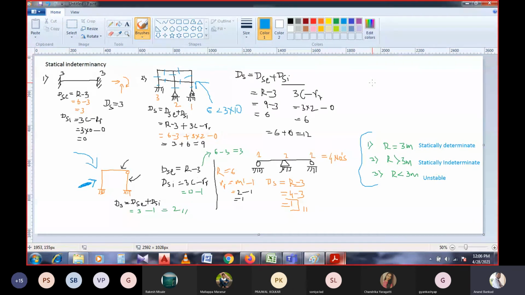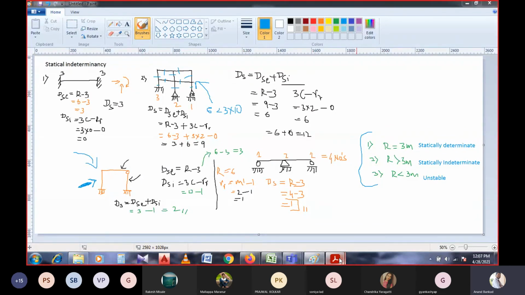The same thing I have already discussed in your first class. Please do remember that structures are divided into two types, rigid jointed and pin jointed. In rigid jointed, movement is not allowed, and in pin jointed, movement is allowed, so the bending moment will be considered as 0. Along with this, we discussed the degrees of freedom for different supports.